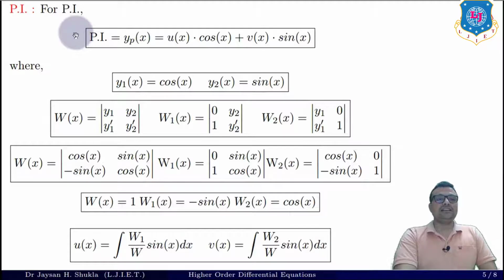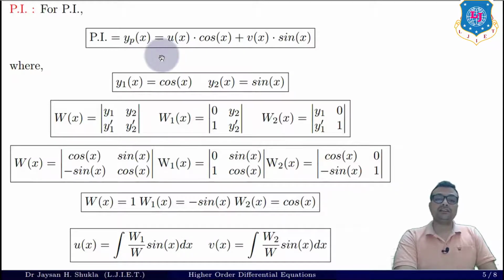Now, this is the technique which is known as the method of variation of parameters. This technique is almost similar to undetermined coefficients when it comes to framing the value of yp first. In undetermined coefficients, we frame the value of yp first and then solve those equations for a, b, c or d.